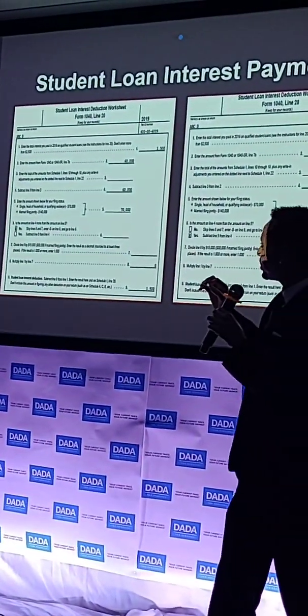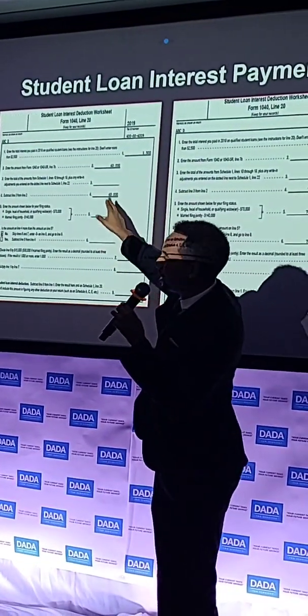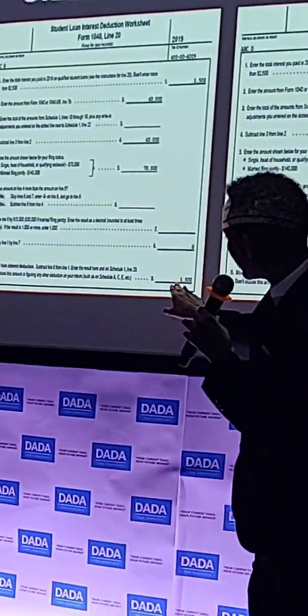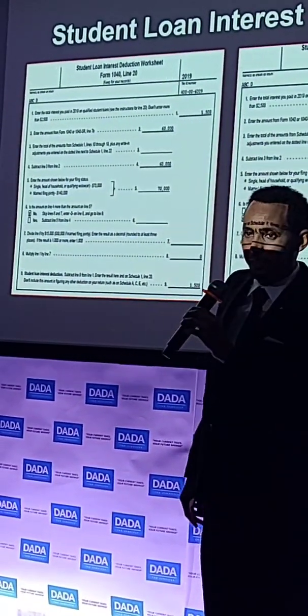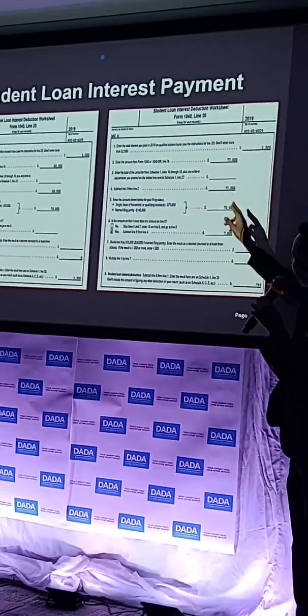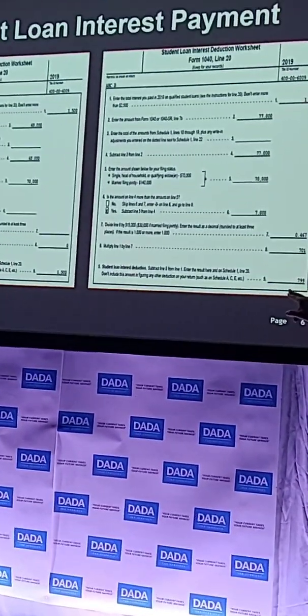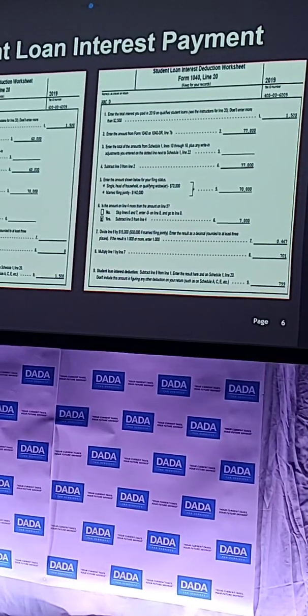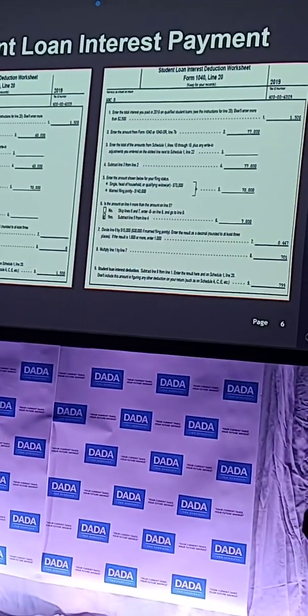So you can only use it if your income is below that. This person qualifies for 1,500 because his income is 60,000. Let's say another example. If somebody made this year 77K, he's allowed to have a deduction of 799 only. So it's not just always the deductions that you get from the student loans.